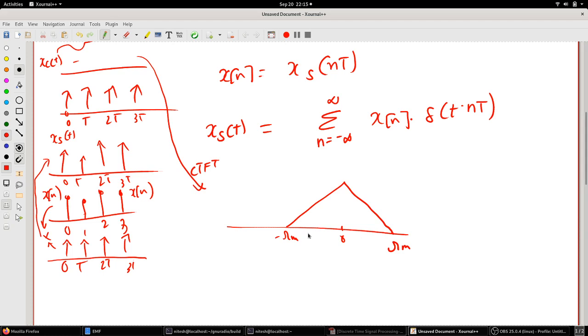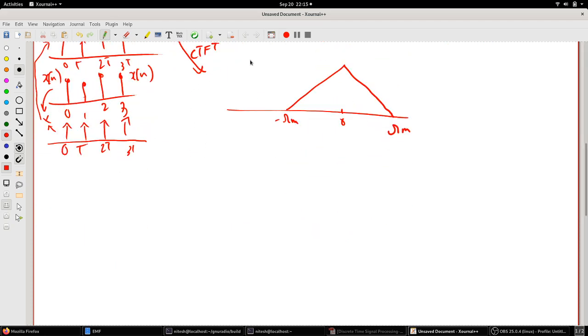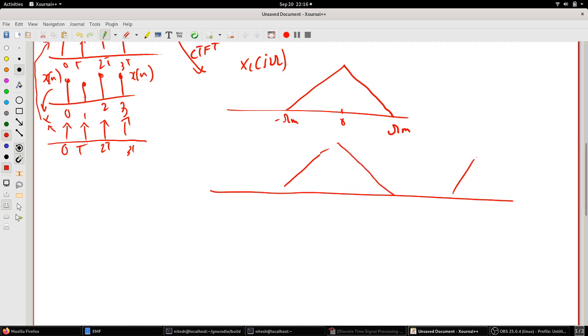Minus omega m, and then from this xc of j omega, I got xs of j omega, which was something like this, right?